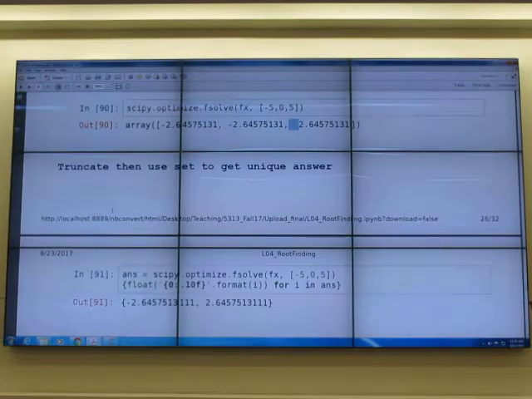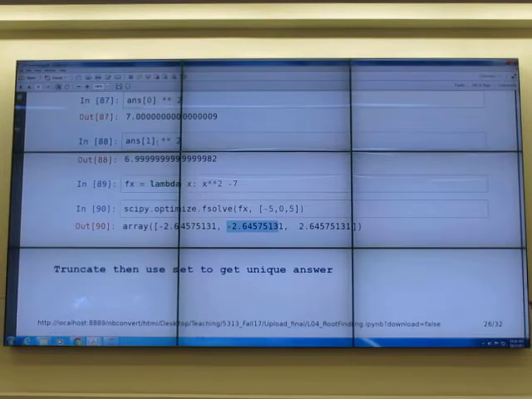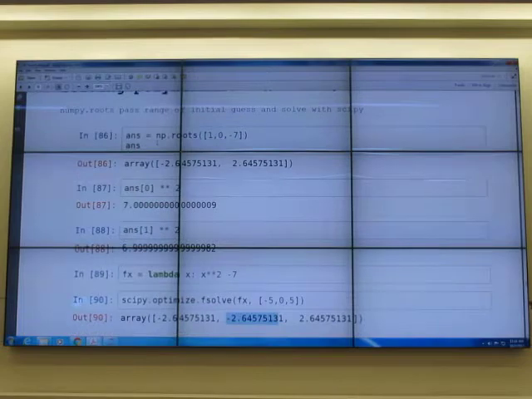But what do we do if we want a unique answer? We don't want that and we don't want that. Those are the same. We should combine them somehow, right? I don't like that we have the same answer twice. Do you like it? If you use numpy.roots, you get a unique answer. Right?